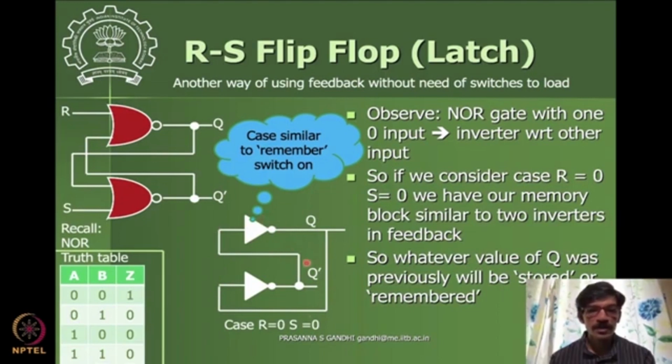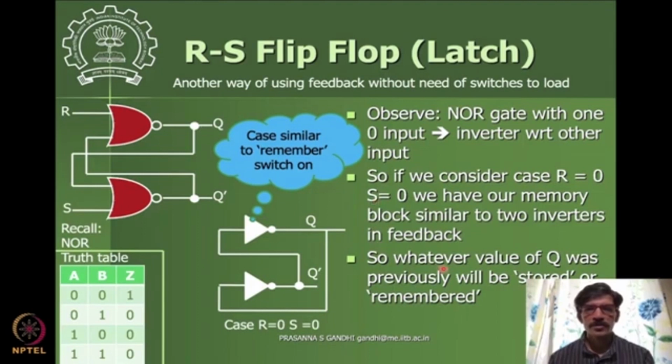This is again the same concept as what we had seen before for the memory, when R and S are 0. When R and S are 0, this circuit is going to remember the stable values, and to introduce new values you change the value of R or S. That is a simple way to understand this RS flip-flop or RS latch.